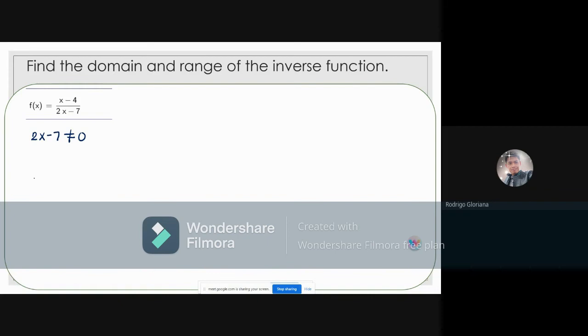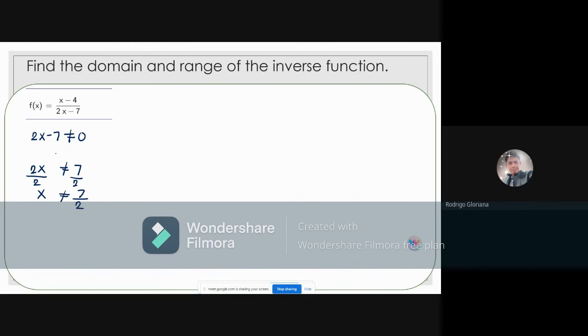To solve for x, we have 2x not equal to 7. So dividing both sides by 2, x is not equal to 7 over 2.